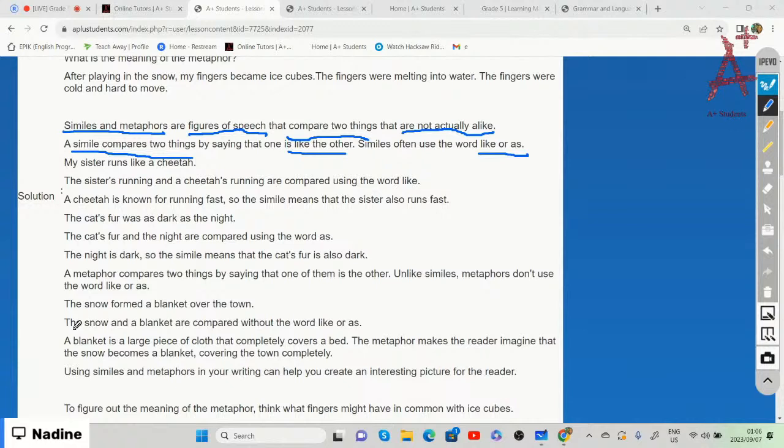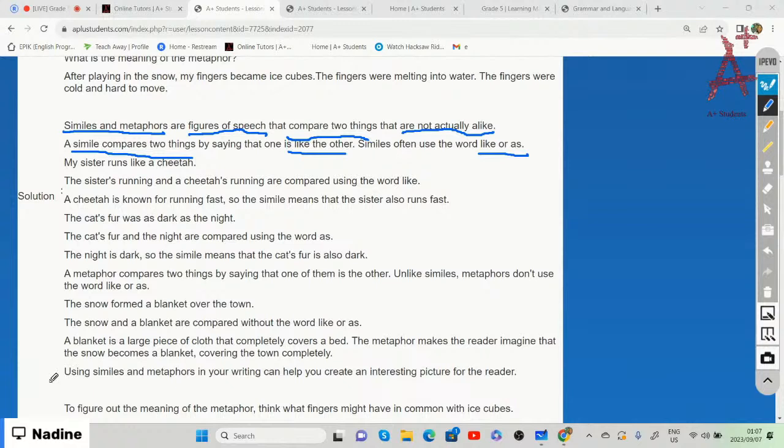And when it comes to a simile, a simile compares two things by saying that one is like the other, which means that similes often use the word like or as. So when comparing two things with similes, we use the words like and as.